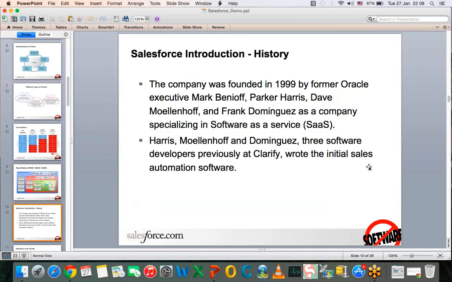When it goes to the next slide, we're going to introduce you to Salesforce. Basically, this was formed in '99 by a former Oracle executive, Mark Benioff, along with his friend Harris, and two other friends, Dave and Frank. Dave and Frank come from another company called Clarify.